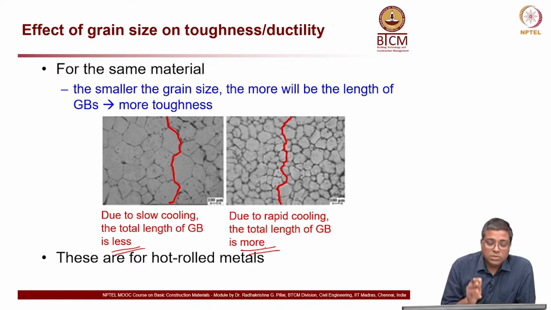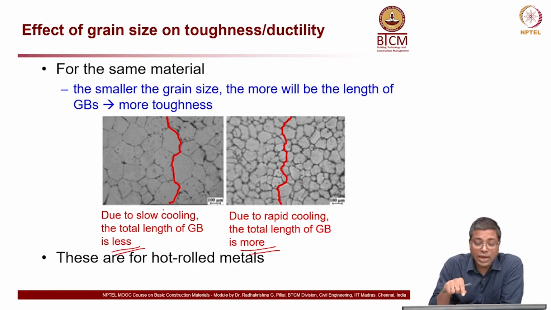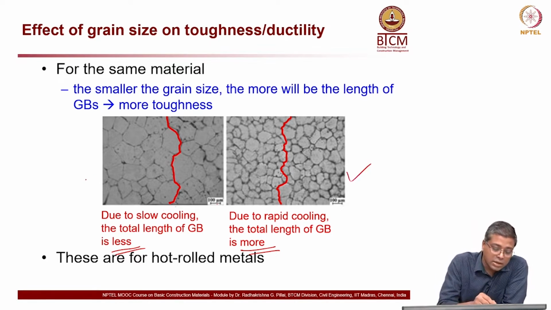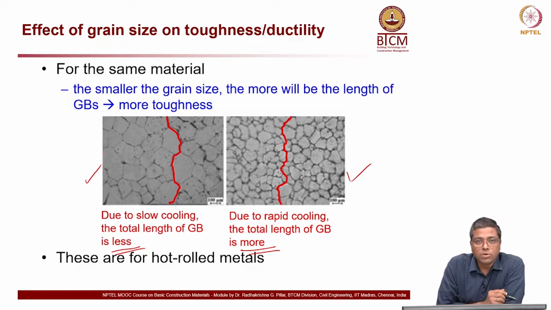Okay. Because when you have larger grain size, the actual length, if you just follow the grain boundary, not the displacement from one point to the other, but the actual length from one point to the other, it will be more in the case of a smaller grain size, that is this, than in this case. So, the larger the grain size, the shorter will be the length of the grain boundary.